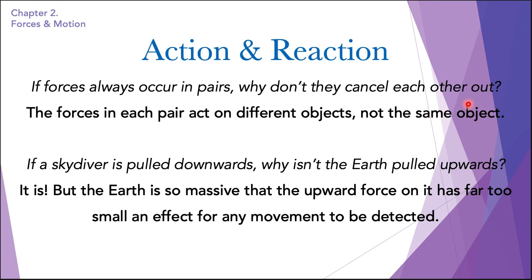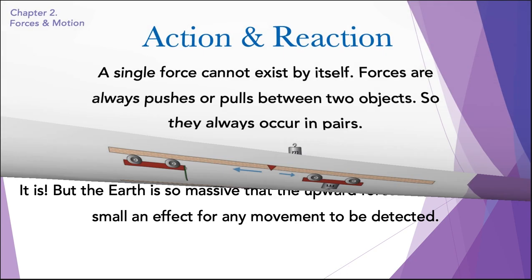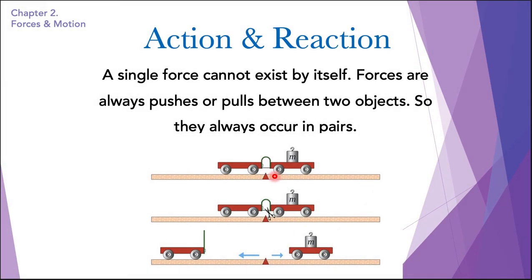The answer to this question is that the forces in each pair act on different objects, not the same object. As you saw over here, there were two trolleys. One force acted on one trolley and the other acted on the other trolley. So they were not acting on a single trolley. Each trolley has its own force.